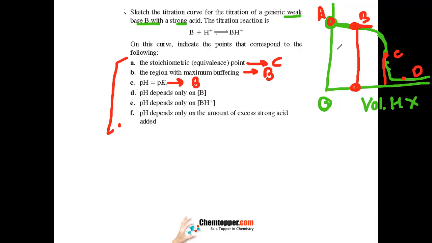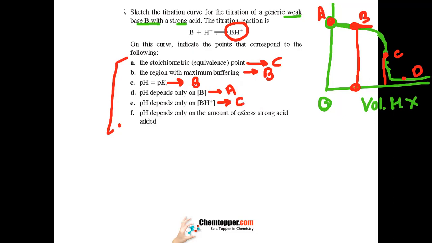No. Sanvi, no. A is pure base. This one is A, pure base. Right? pH depends on BH plus. Means there is no base, no acid, only BH plus. Isn't it the equivalence point?